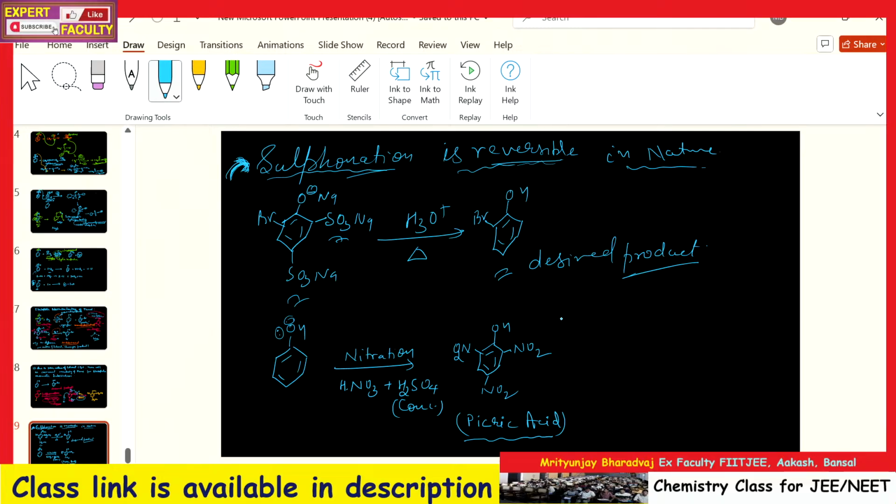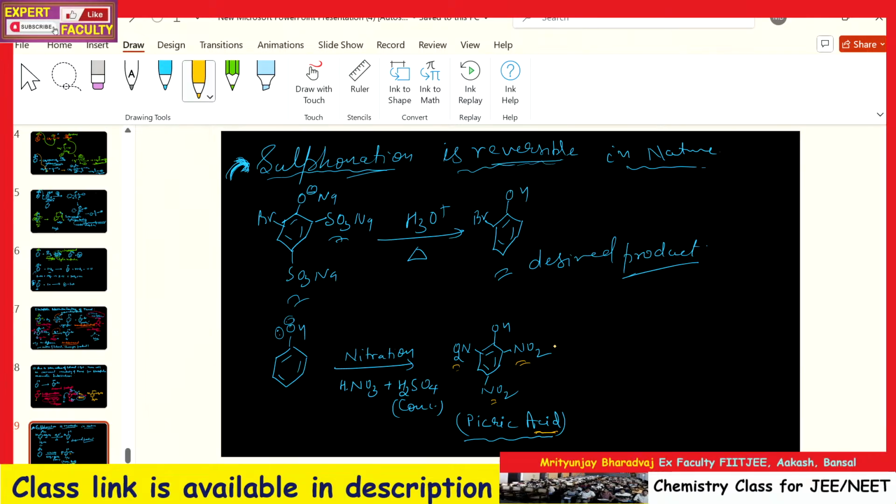Organic acids themselves are very weak acids, and among them phenol is a weaker one. So generally such compounds do not have acid as their suffix. But in the case of picric acid, due to the presence of these three NO2 groups, the acidity becomes very strong, and this compound has the suffix acid.